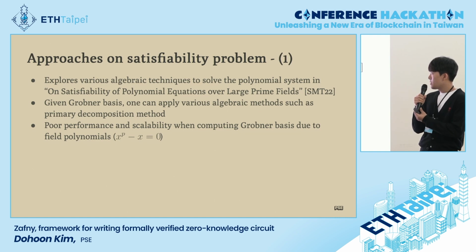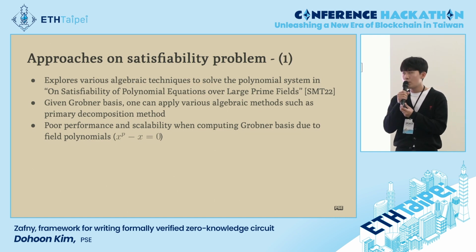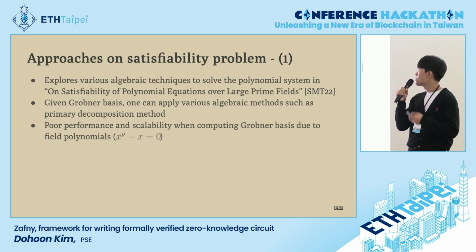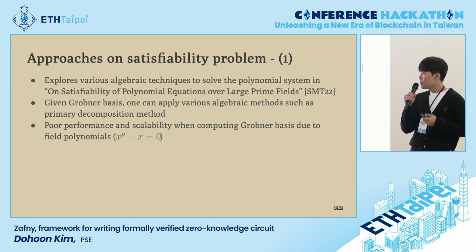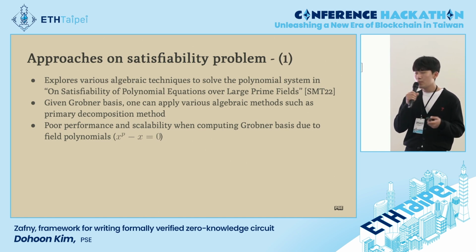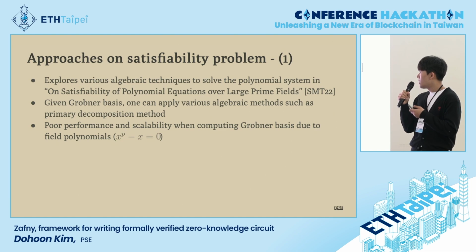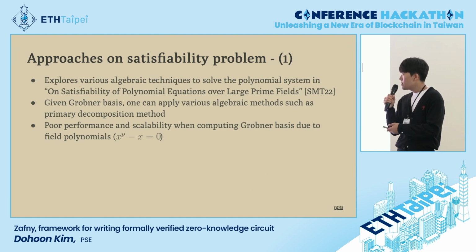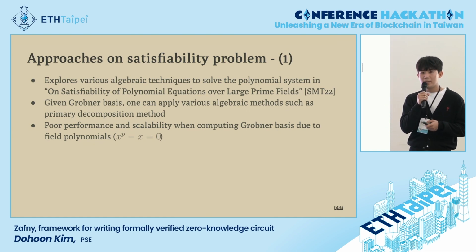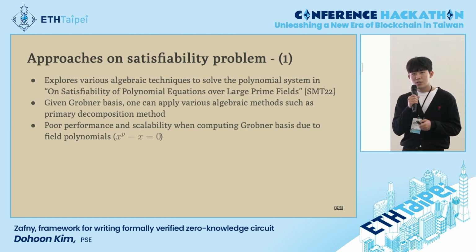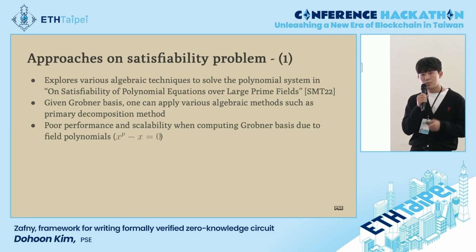In the paper on the satisfiability of polynomial equations over large prime fields, the authors explore various algebraic techniques to solve polynomial systems using Gröbner basis. The most notable approach was that they apply the primary decomposition method using the Gröbner basis. This is also very math-heavy, but it just decomposes the problem into smaller subproblems using the Gröbner basis, and then solves each subproblem.